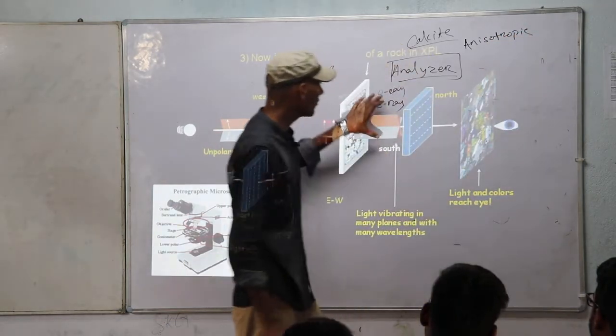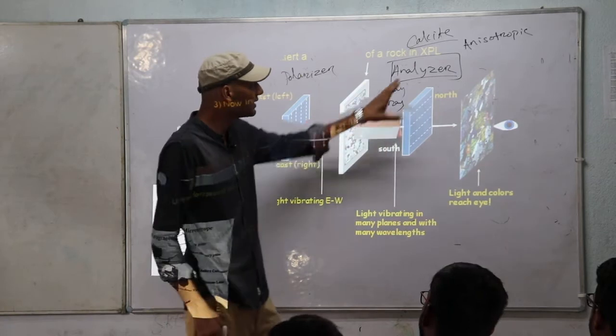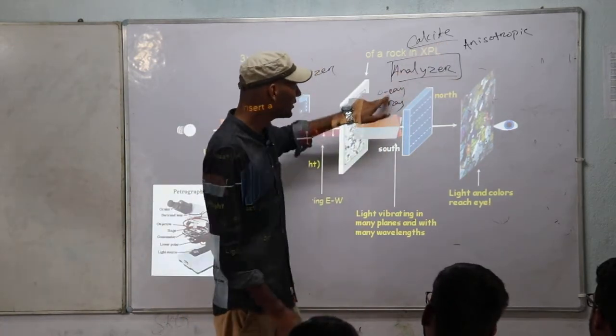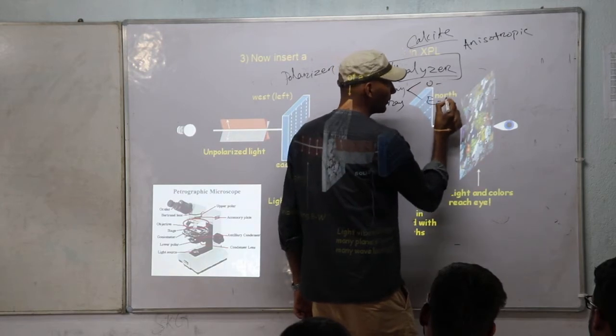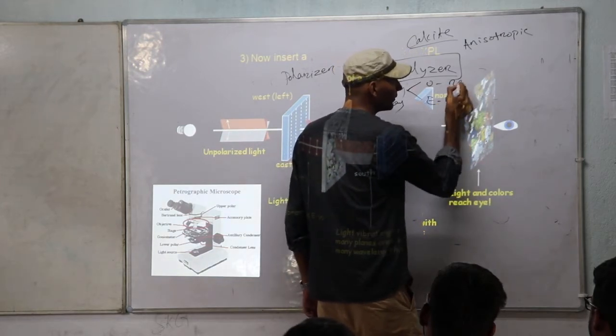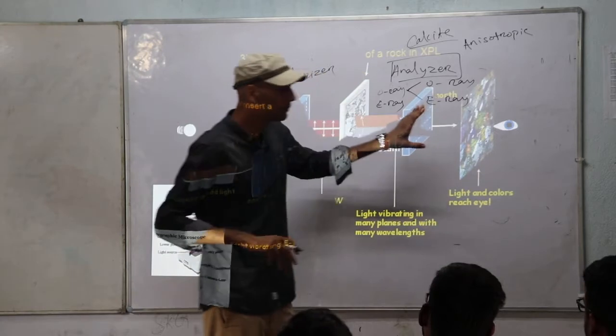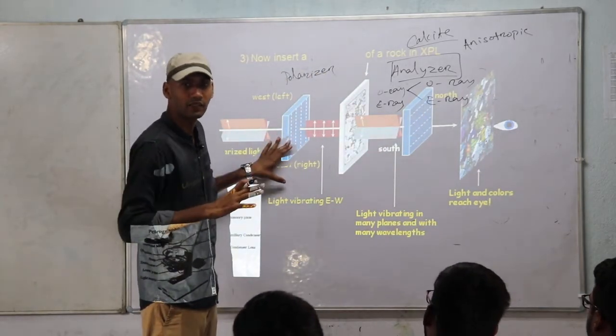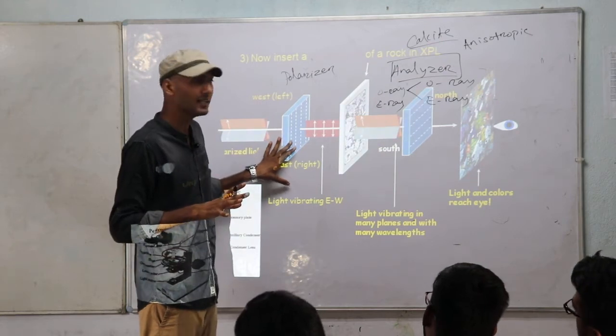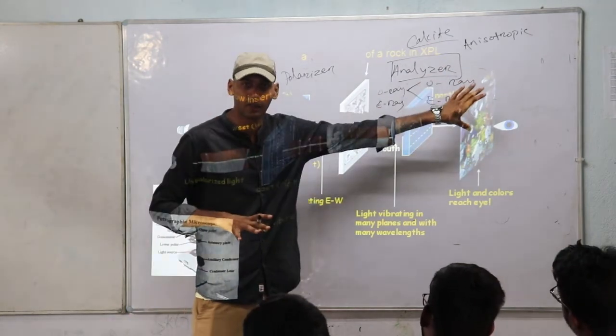So what happens? This O ray and E ray again enter the calcite, and again the O ray splits up into one ordinary and one extraordinary. Got that? That's why I have told you in the previous case, ordinary and extraordinary are not names. They are components that are given according to their behavior.